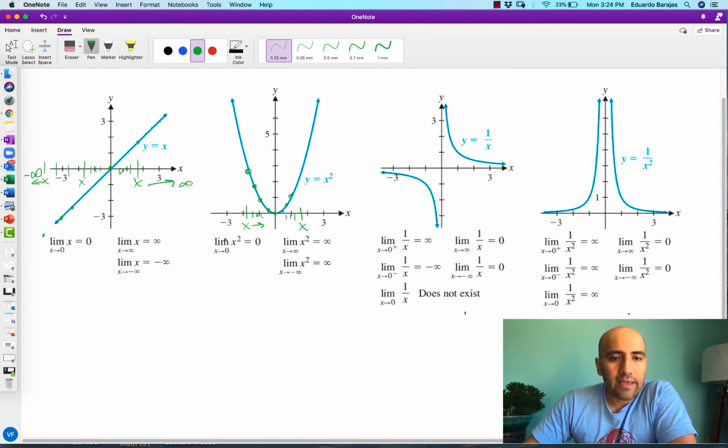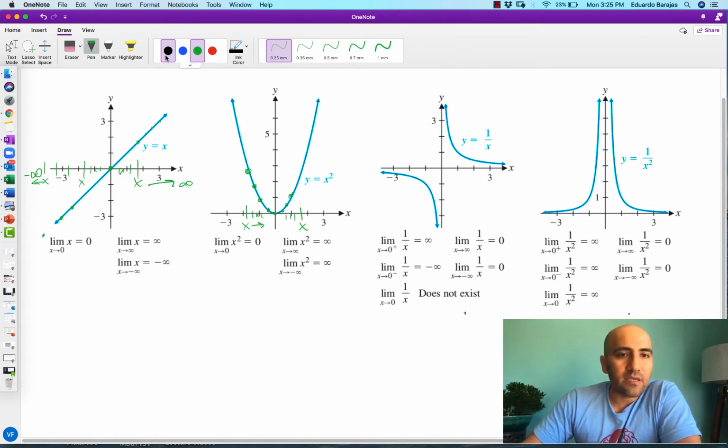If we had a different value, 0 is just kind of an arbitrary choice your author made to give you some examples, but it could be something else. How about the limit as x approaches the number 2 on the function x squared?